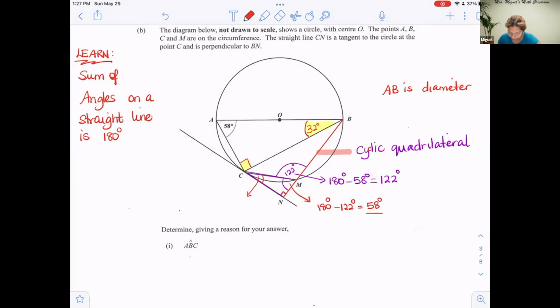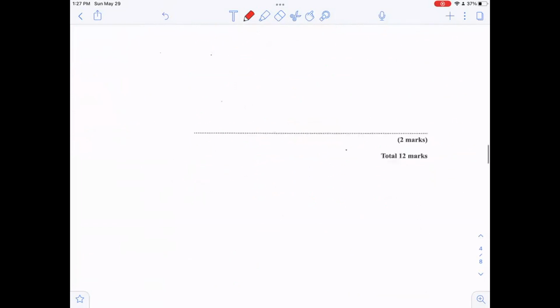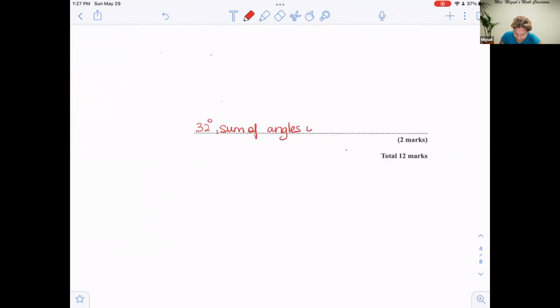Yes. C is 32 degrees. And the reason is the sum of angles in a triangle is 180.